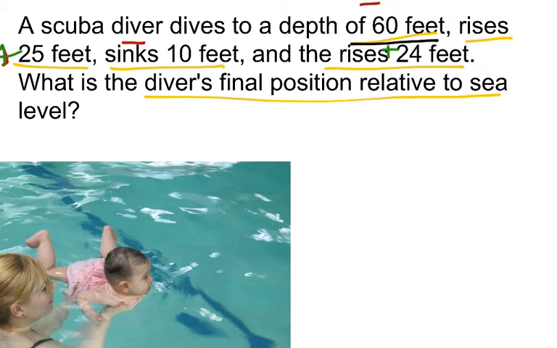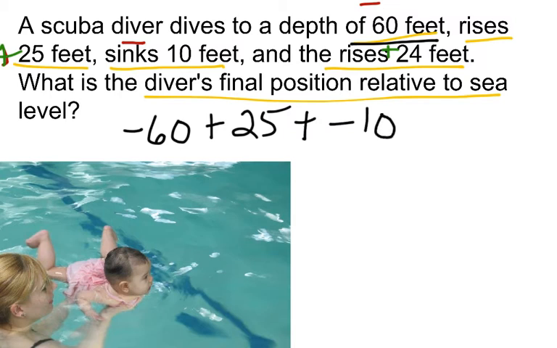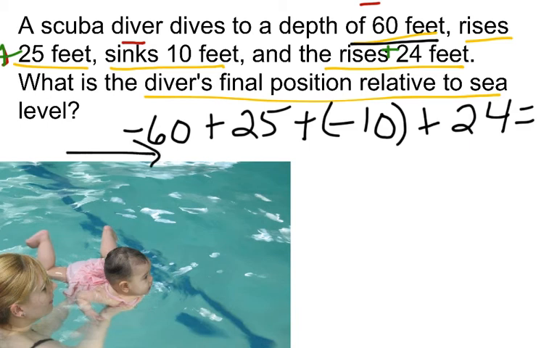Well, we have to first create an equation, which is negative 60 plus 25 plus negative 10 plus positive 24. So now that we have our equation, we just go from left to right, adding the integers.